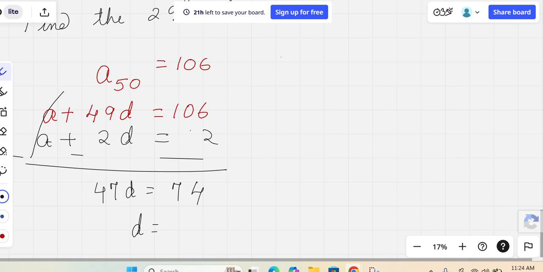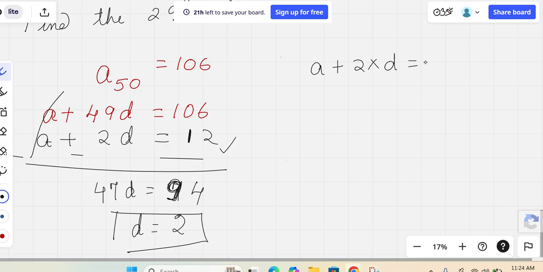If this is 12, the whole picture changes. This becomes 94, and because of that, your D becomes 2. You got your D. Substitute D here. A plus 2 into 2 equal to 12. A plus 4 equal to 12. So your A is equal to 8.